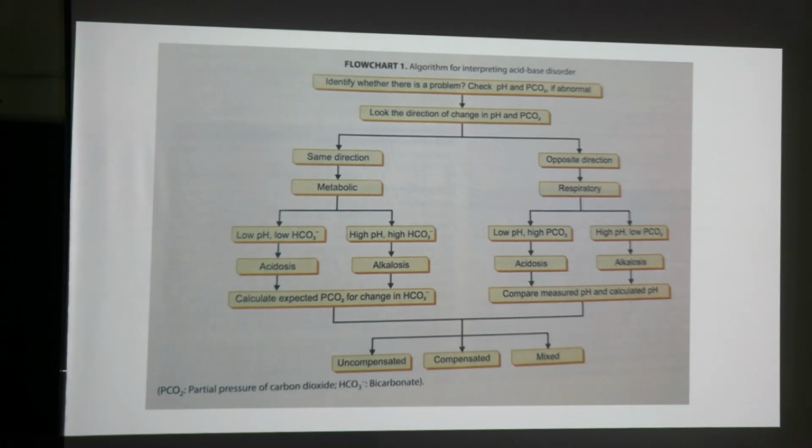Suppose pH is less and PCO2 is more, then the problem will be respiratory. Then in metabolic acidosis, there will be low pH and low bicarbonate, and in alkalosis, high pH and high bicarbonate. Then we have to calculate the expected PCO2 change with the formula we discussed before. Then we will decide whether it is compensated, uncompensated, partially compensated, or mixed.